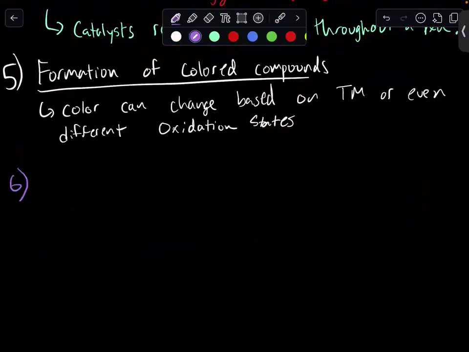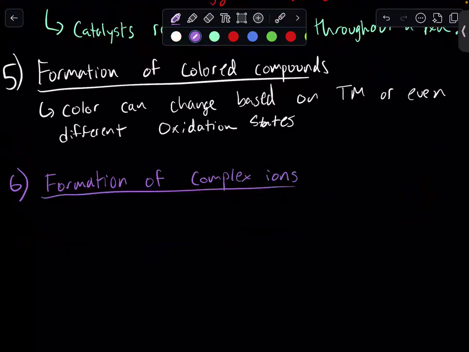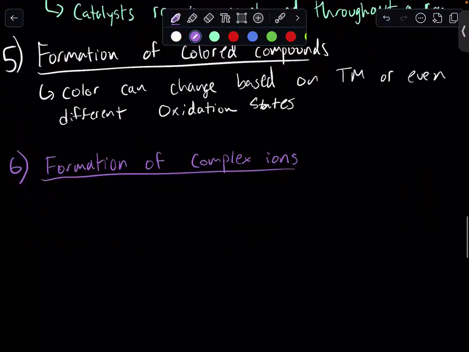All right. The last property we'll go to is formation of complex ions. This is also something we'll cover in more detail after we talk about bonding, which is going to be our next section. But basically, a complex ion is going to have a charge.